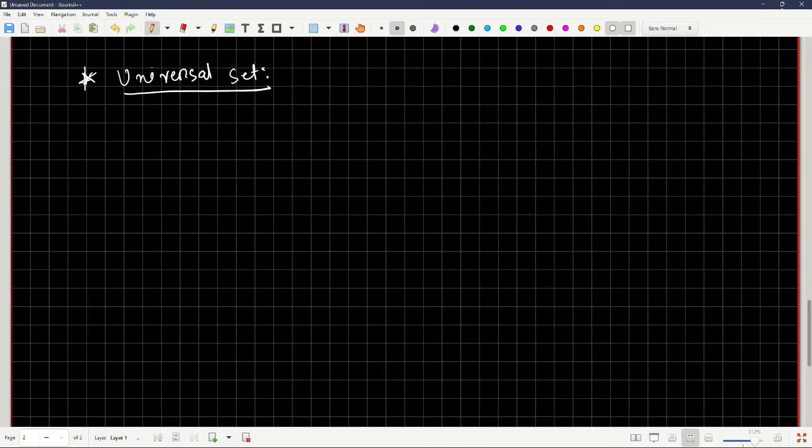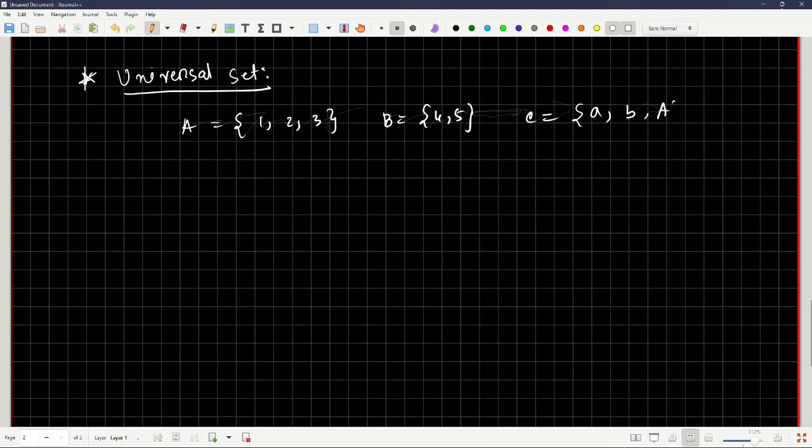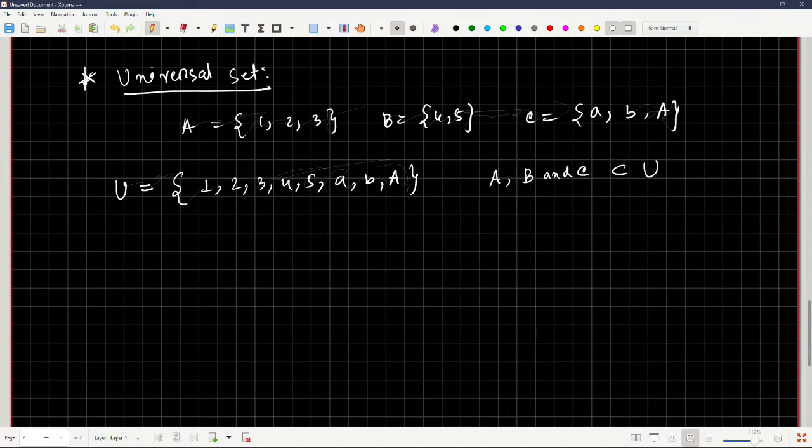So let's say we have a set A equals 1, 2, 3, B equals 4, 5, C equals a, b, capital A. Now if you consider a set U that consists of all these elements 1, 2, 3, 4, 5 and a, b, capital A, you can easily understand that A, B and C are all proper subsets or subsets of U, right?